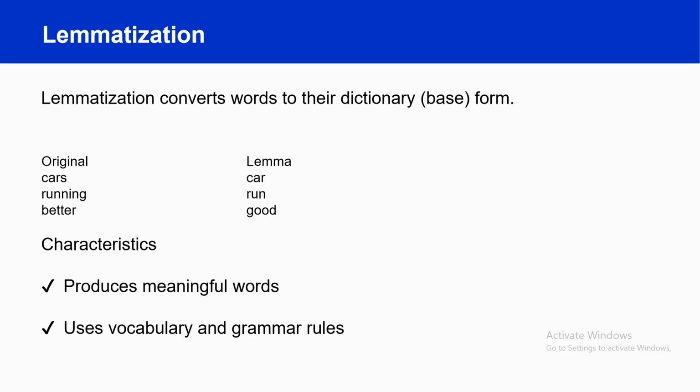Unlike stemming, lemmatization uses a dictionary and grammatical rules to determine the correct base form. Because of this, lemmatization usually produces more accurate results. But one of the disadvantages of lemmatization is that it takes more processing time than stemming. Modern NLP applications like chatbots, machine translation systems, and question answering systems mostly use lemmatization compared to stemming because it preserves the correct meaning of the words. That is very important.